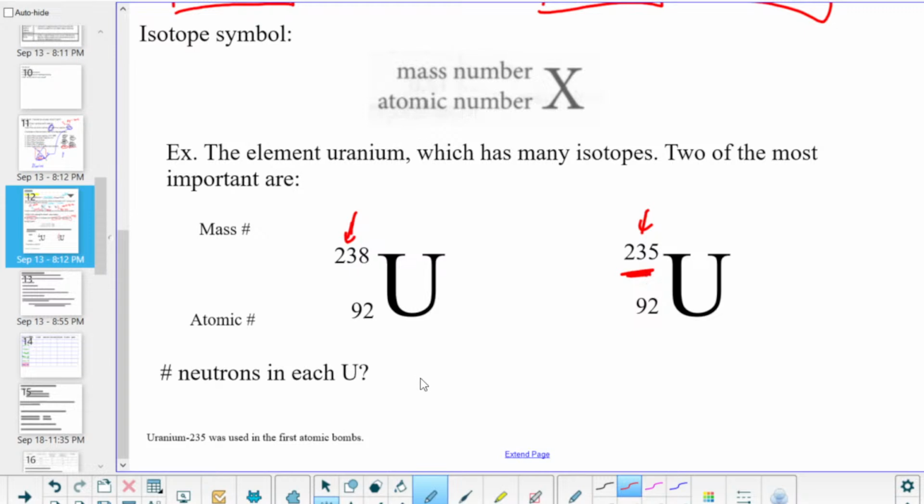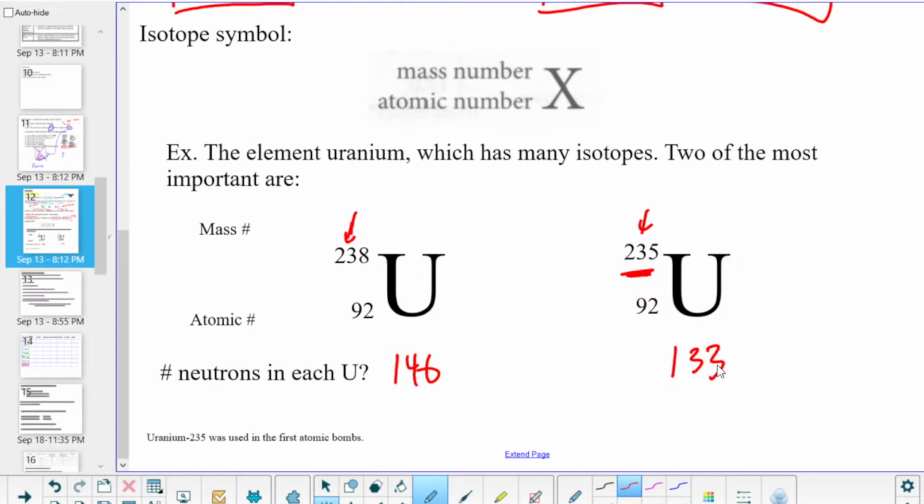Alejandra, number of neutrons in uranium-238? 146. 146. And Felix, in uranium-235? Zachary, what are you doing? No. That was a rhetorical question. Where's Felix? 143? 33? What?